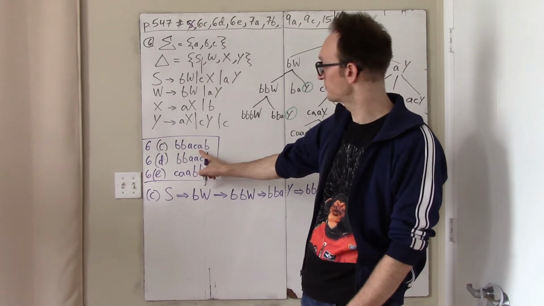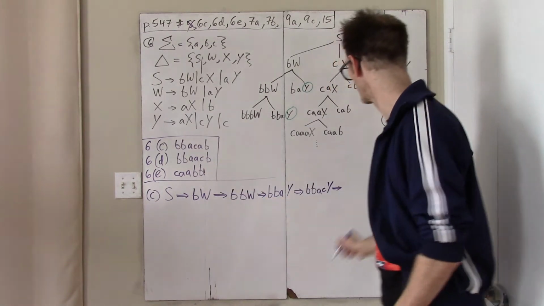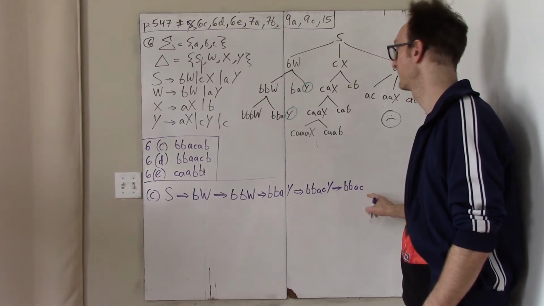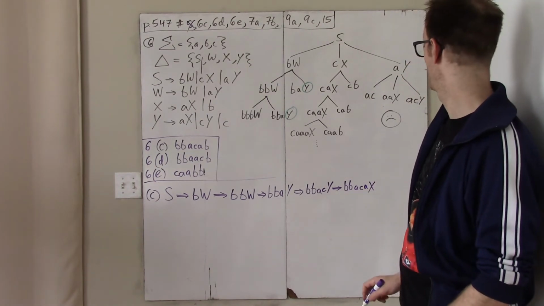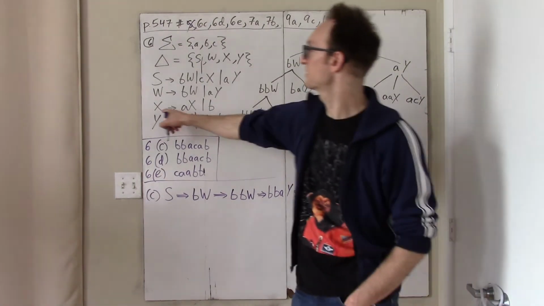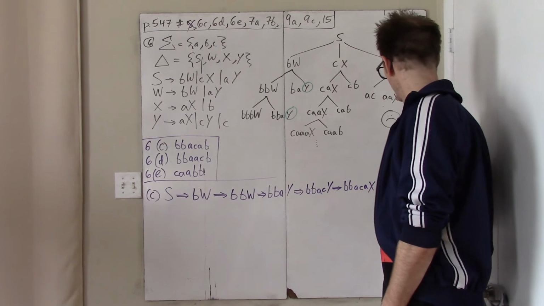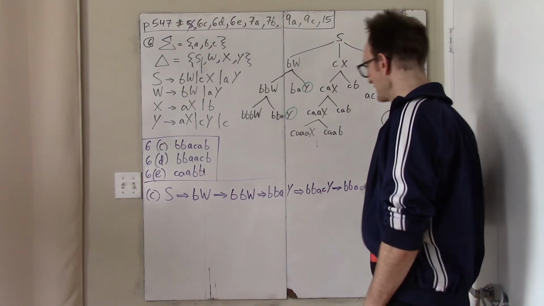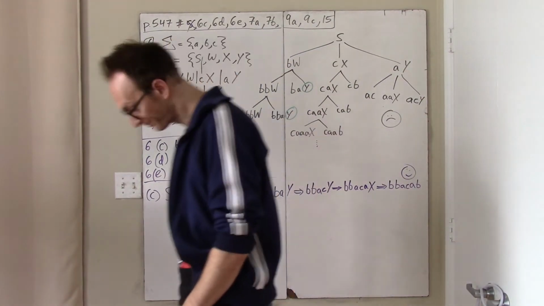And there is a way to do that from Y. It's to follow the AX rule. So I get BBAC. In place of Y, I write AX. And BBAC. And then the final thing to do is to just use the X goes to B rule. And so, okay, just by tracing through this, I have achieved success. And so the answer is, yeah, you can do this one.